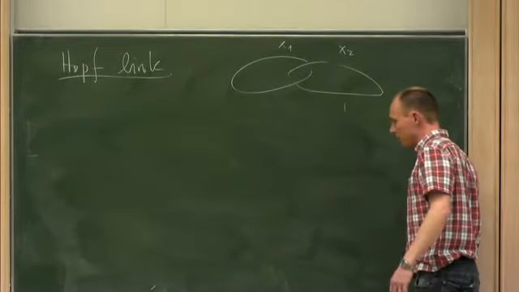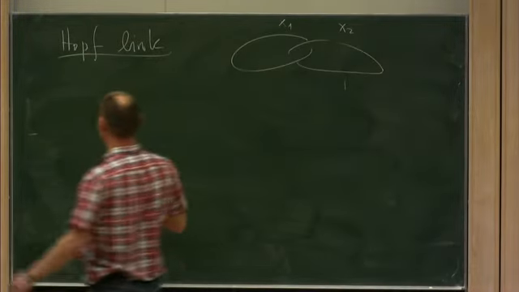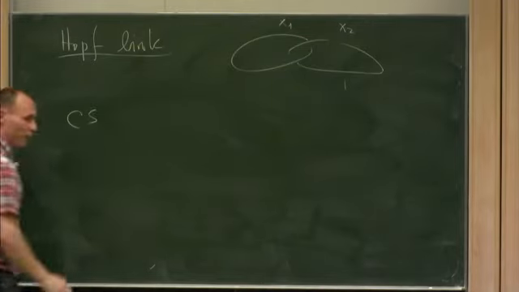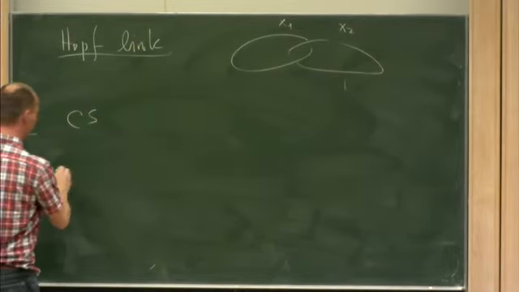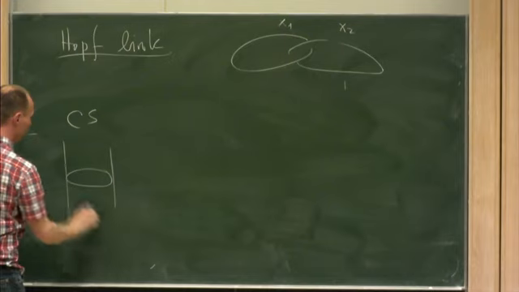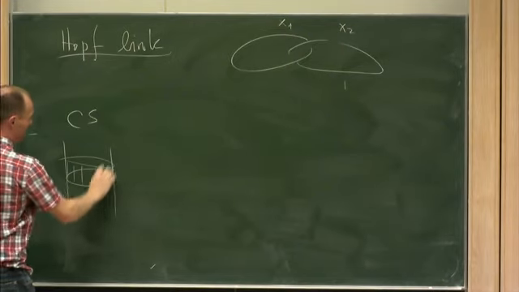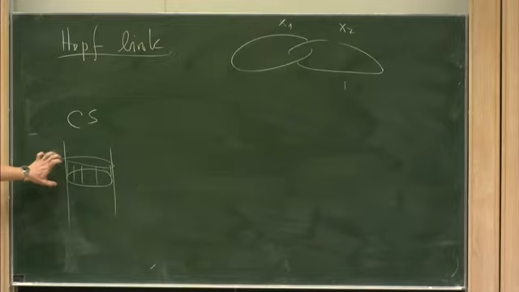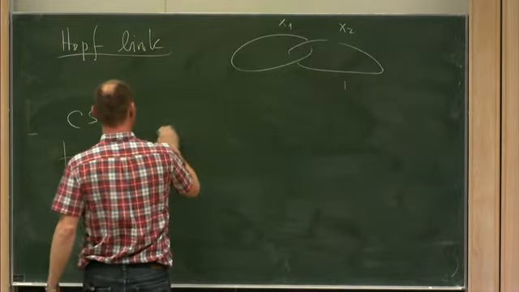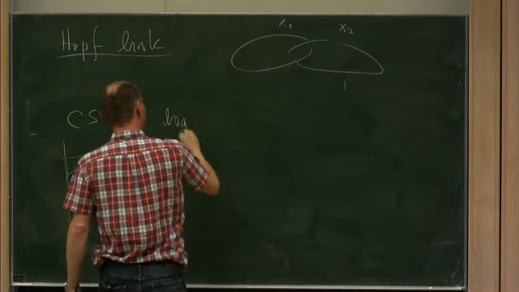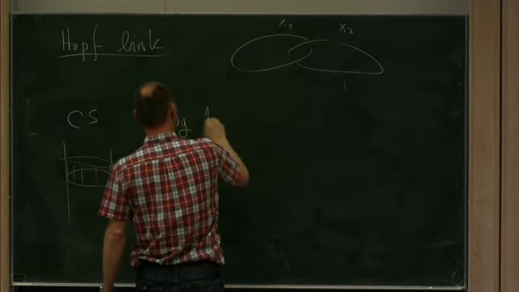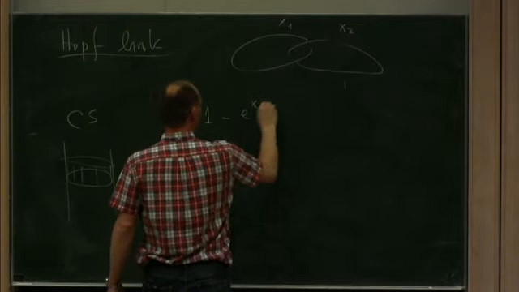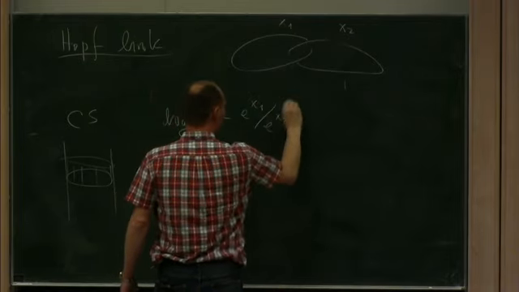So somehow first you can do this. I don't know. You can do it in many ways. You can do Chern-Simons, or for those who really like to count curves, you can count curves in T star S1 with a shifted zero section or something like that. But the count of curves here is logarithm of 1 minus e to the x1 over e to the x2.